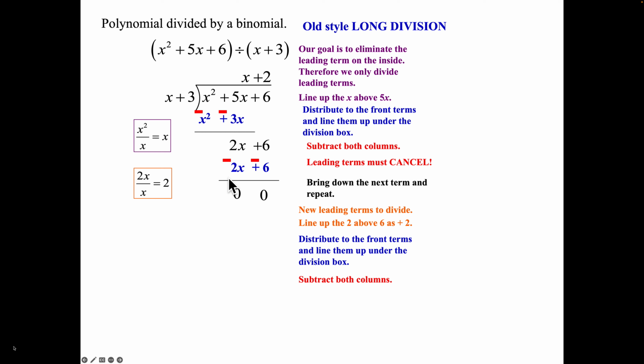That is your goal, until you get to some term that has a degree smaller than the leading term here. So since this is x to the first, the only kind of remainder you can have left over is a constant, because this x term has to cancel. So our final answer is x plus 2. No remainder.